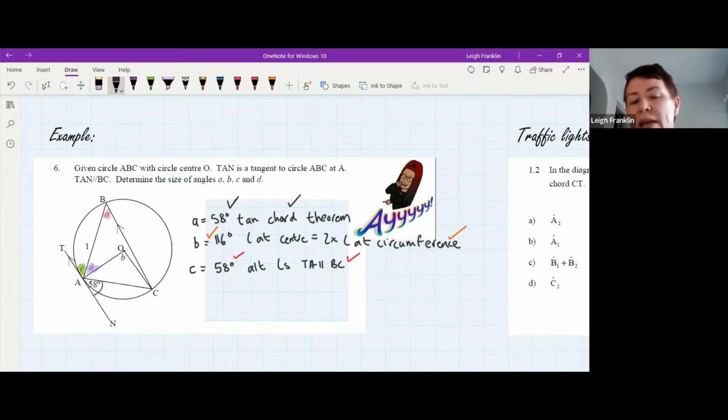So yes, it would have to be the size together with the reason and the parallel lines. When you were in grade 8 or grade 9, they probably wouldn't have been as strict, but at matric level, they would expect you to have the parallel lines there. You'll see when we move on to the proportionality intercept theorem, it's another place where you have to name the parallel lines, and if you don't, they penalize you for it. I'll try to emphasize that as much as I possibly can.